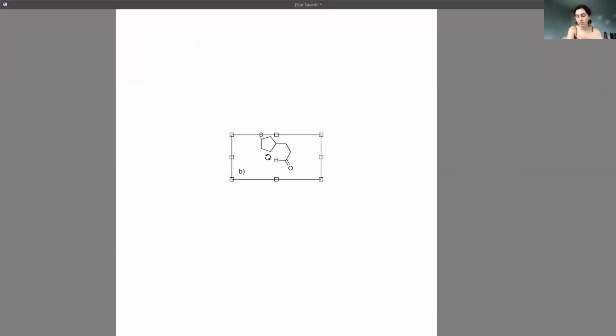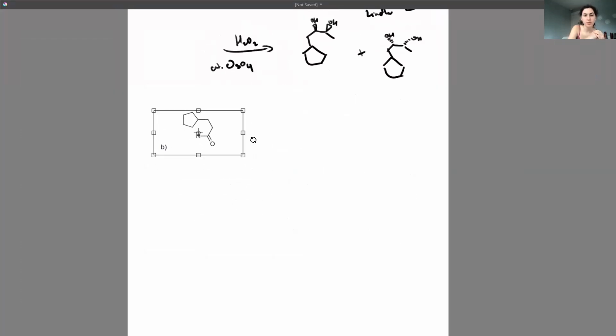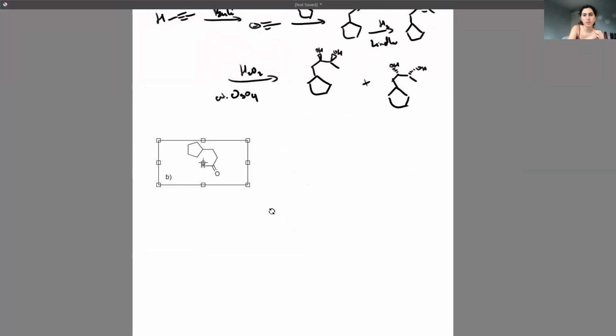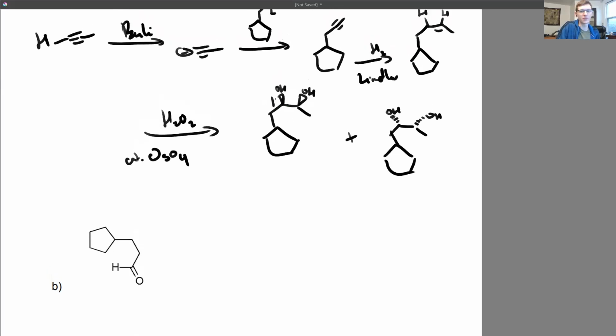Before, oh, yeah. If you had them both wedges or both dashes, aren't they kind of the same because you can rotate around your single ones? So they won't be, and the reason is because both of these are chiral centers. And so here, I don't know, these are like R and R or something.